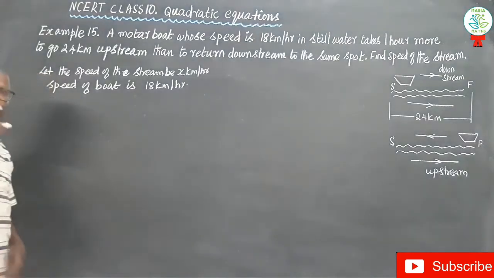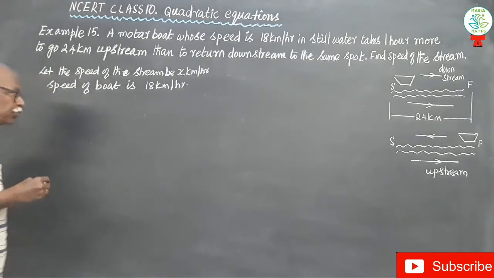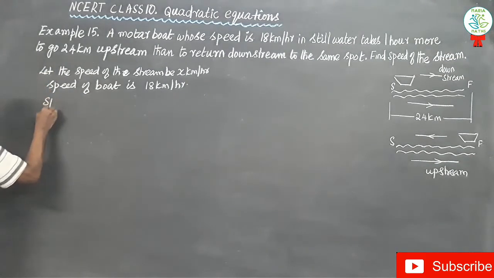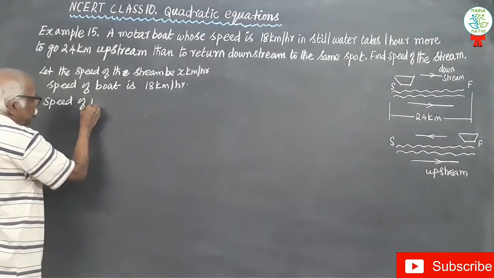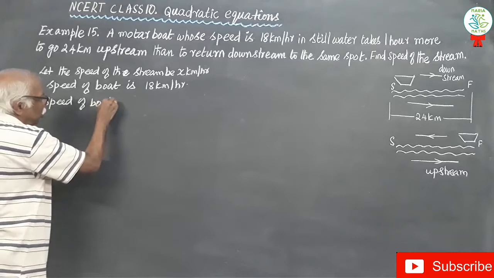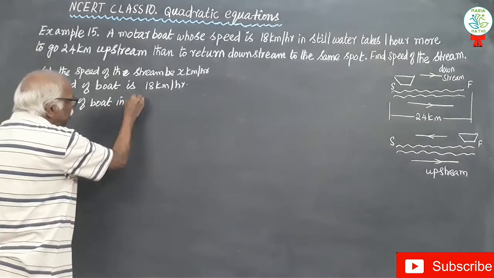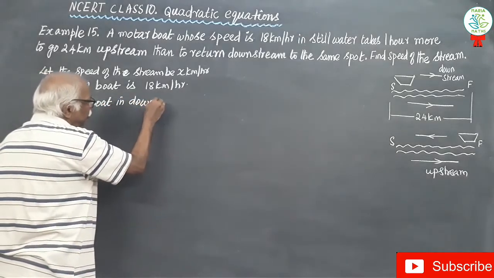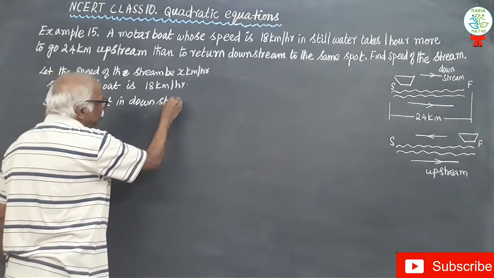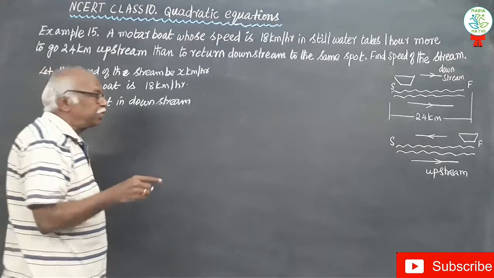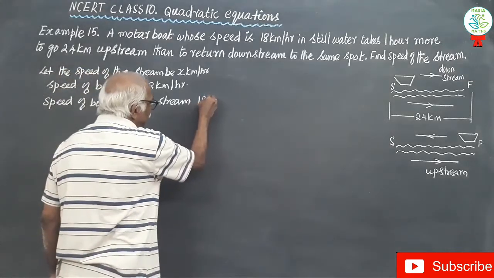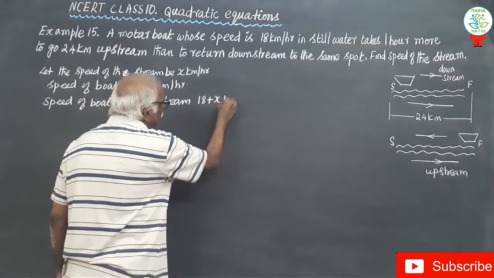Now we have to find the speed of the boat in upstream and in downstream. Downstream is 18 plus x kilometer per hour.